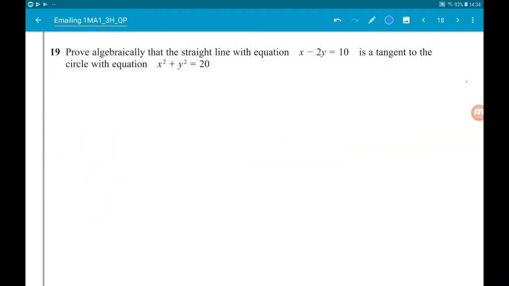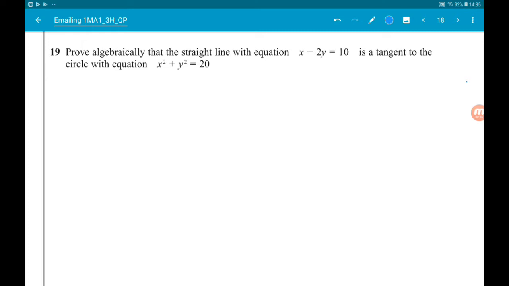Number 19, much nicer because we don't need to faff with a calculator. So we want to prove algebraically that the straight line with equation x minus 2y equals 10 is a tangent to the circle with equation x squared add y squared is 20. The first thing we should start with is a sentence saying what would make this line a tangent to the circle.